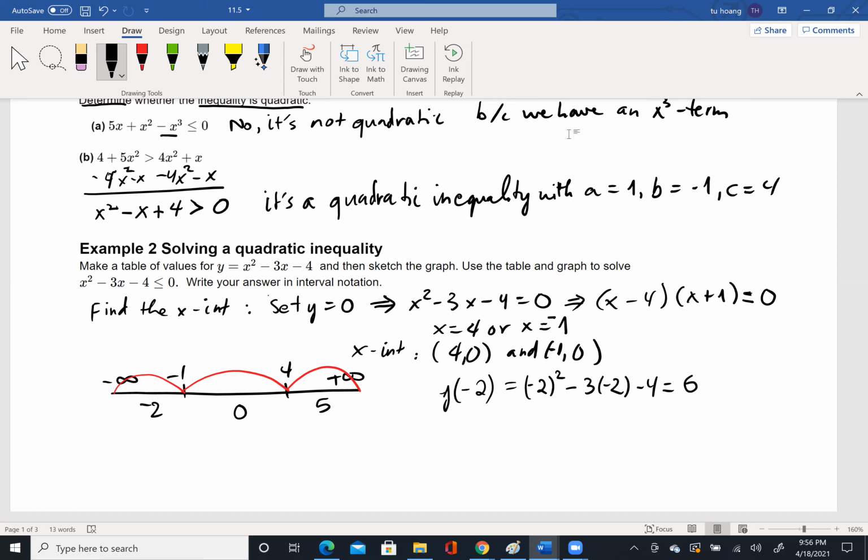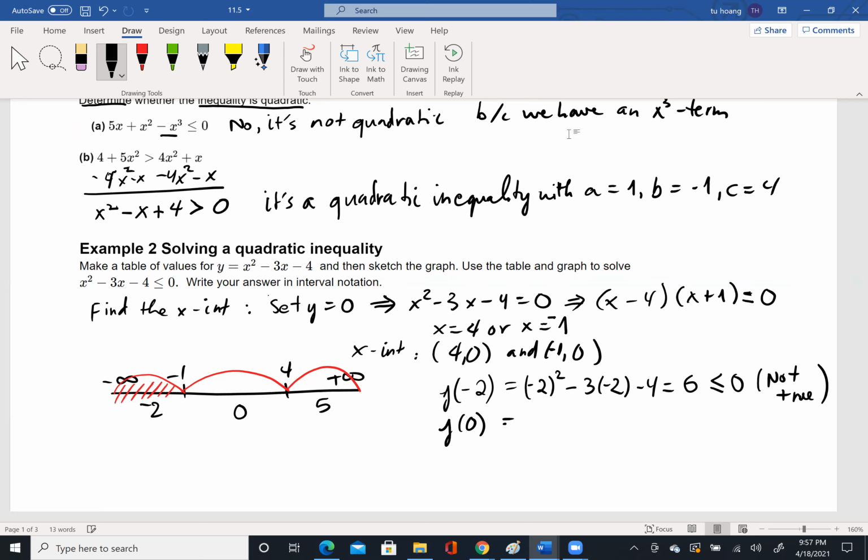Is this less than or equal to 0? No, not true. This is greater than 0. So you will not take this interval. What about the next interval?